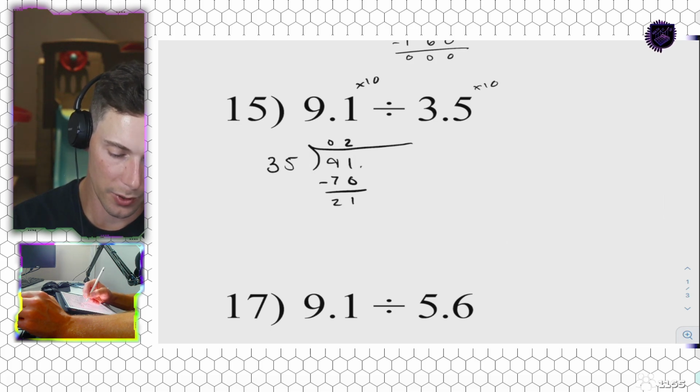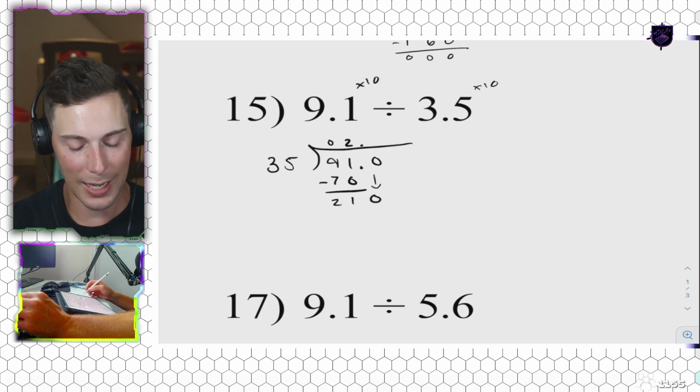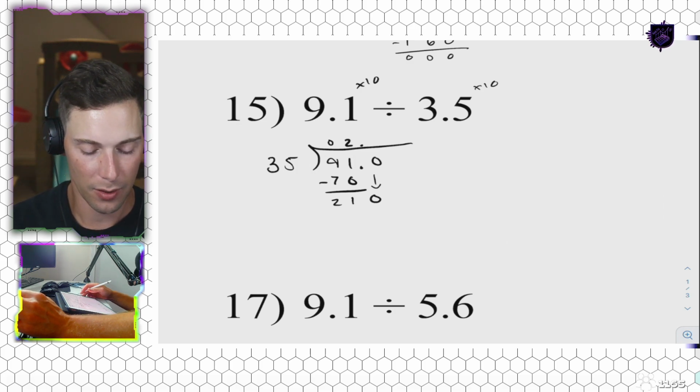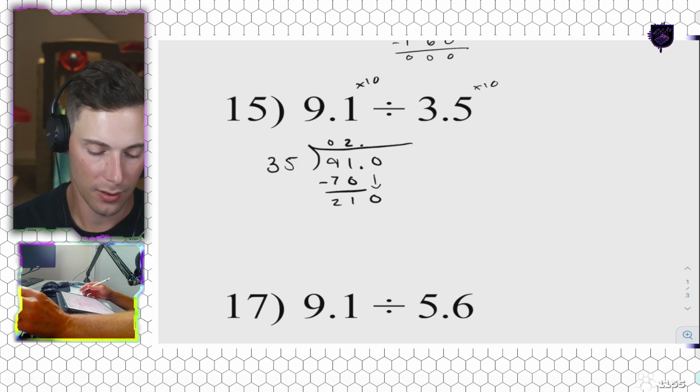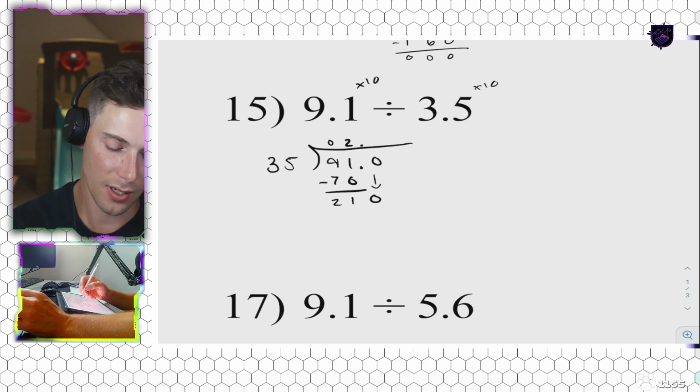We're going to have to do our decimal place, write our 0, drop down our 0, 210. 35 goes into 210 6 times.